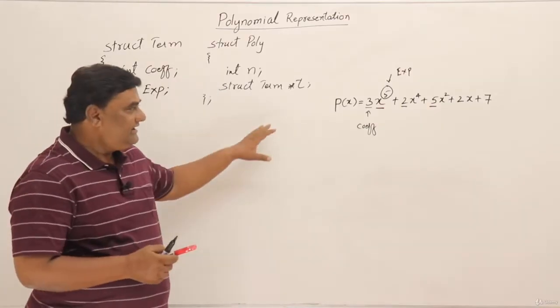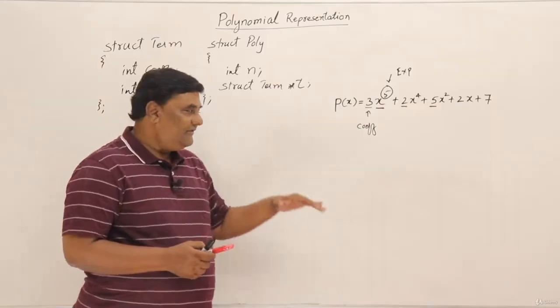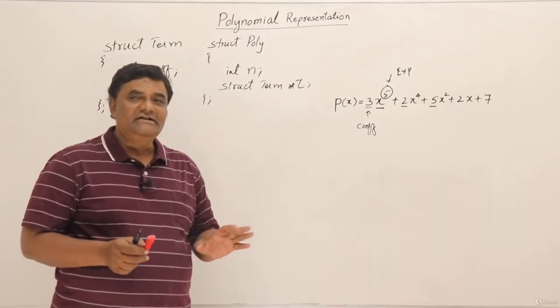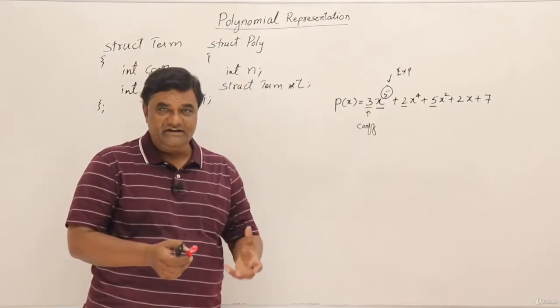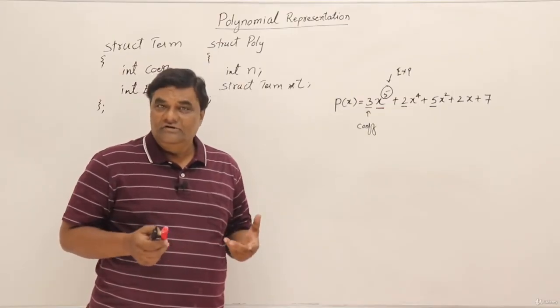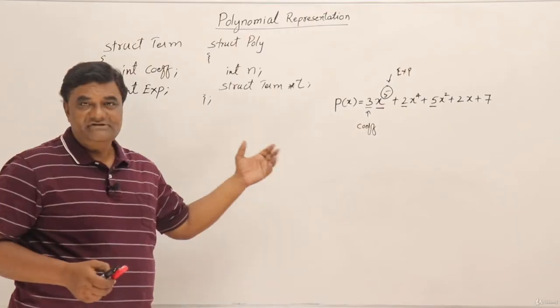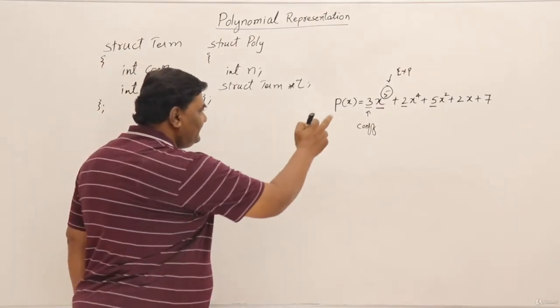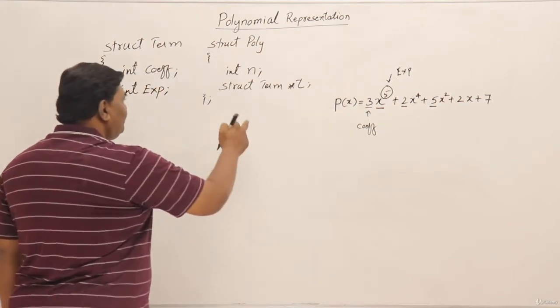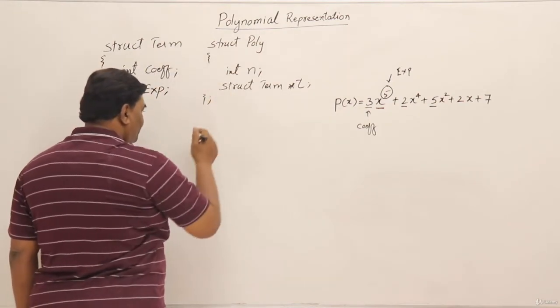Now let us learn how to write the program code for creating the representation of any polynomial. For creating the representation of this one, I will be writing the code. I will not write any function. In whichever function is suitable, we will put the code there. We are just concerned with how the code looks for creation or representation of this polynomial. So let us create. See, for creating this polynomial, I need a variable of type this structure, that is the poly structure.